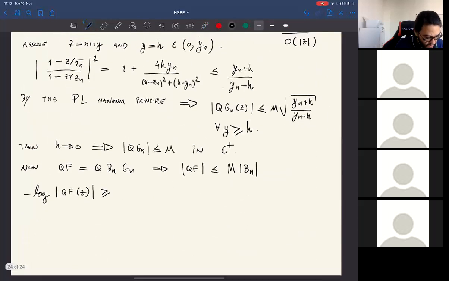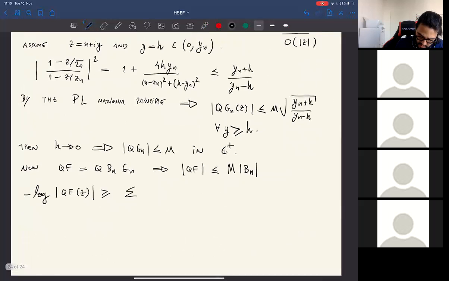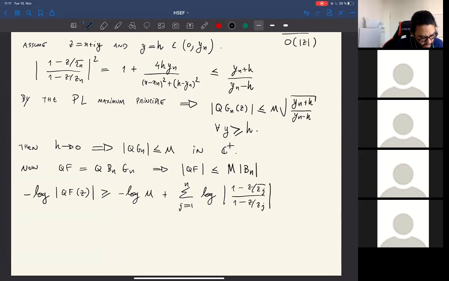So if you do the computation, what we have to take is the minus log of m, of course, and then plus the sum j equals 1 to n of the log of 1 minus z over zj bar divided by 1 minus z over zj. Yes, we just did that computation right here.